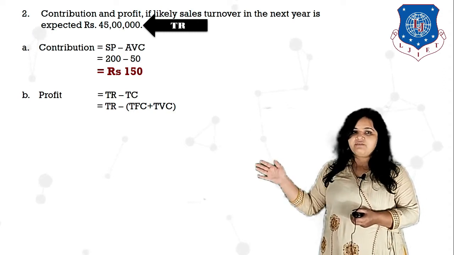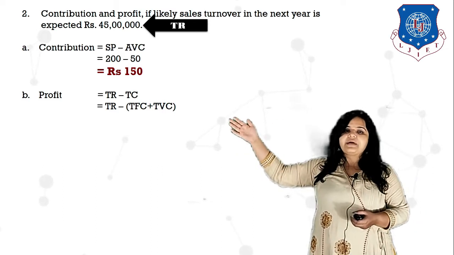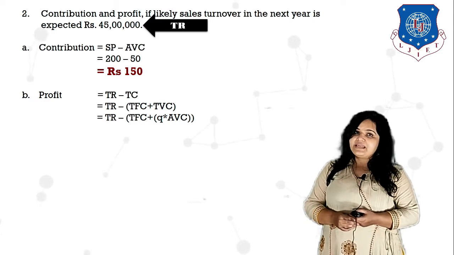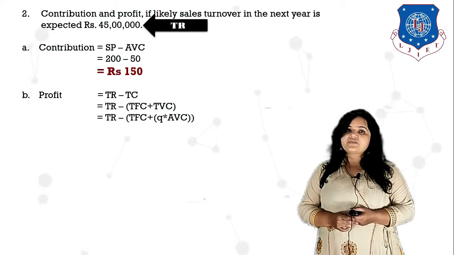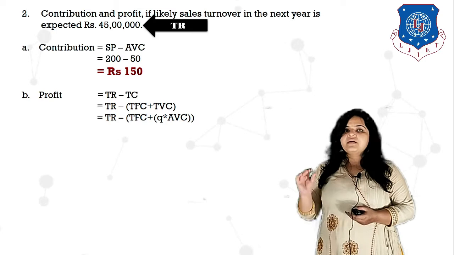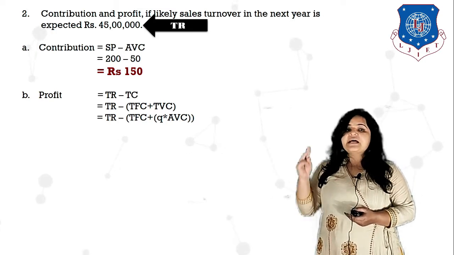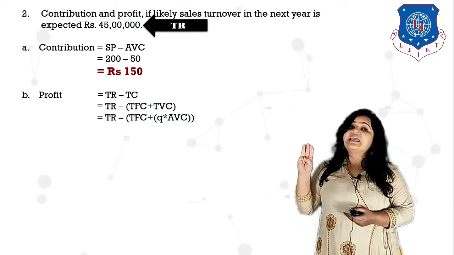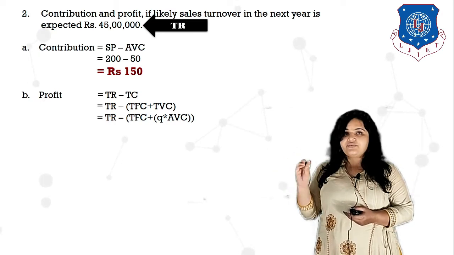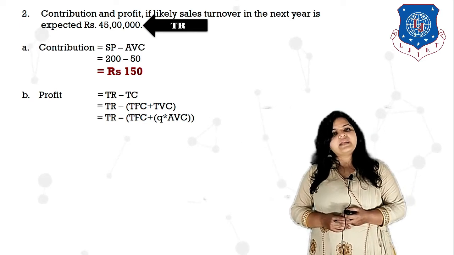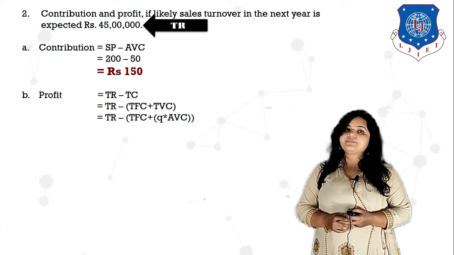So we have profit is equal to TR minus (TFC plus TVC), or you can say TR minus (TFC plus Q into AVC). Here everything is known to us. TR is 45 lakhs, TFC is 12 lakhs, AVC is 50, but Q is not known. How can I find Q?